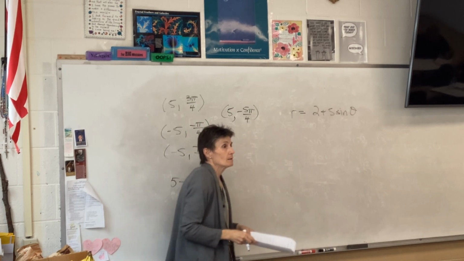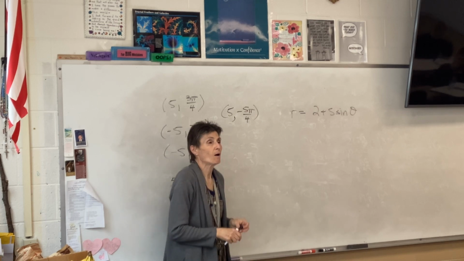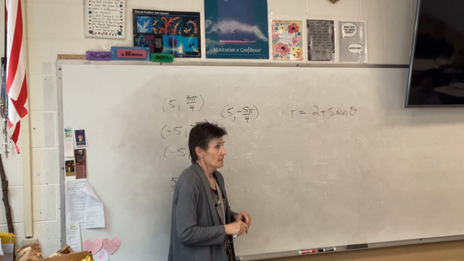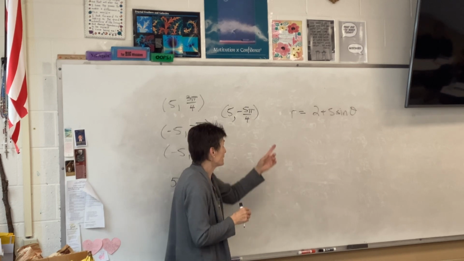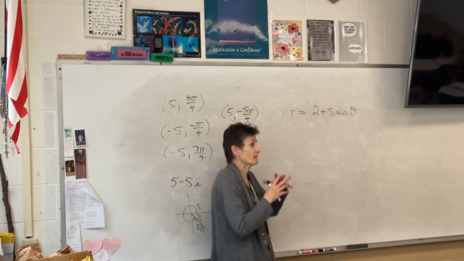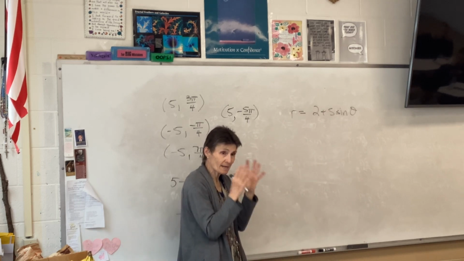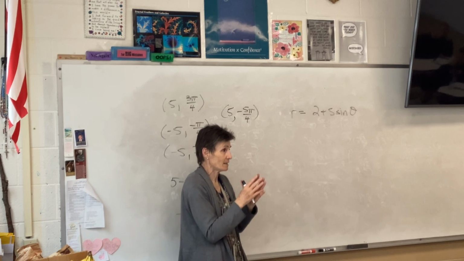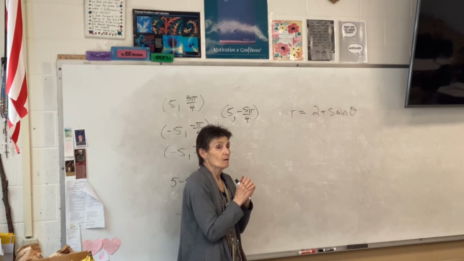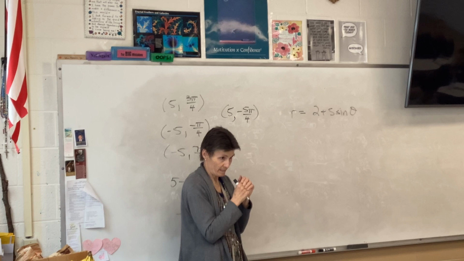Okay, so where is the maximum R going to happen? It's going to happen when sine is maximum or minimum, depending on if that's a plus or a minus. But let's just look at where sine is a maximum. What is the biggest a sine can be? 1. Where is the sine 1?